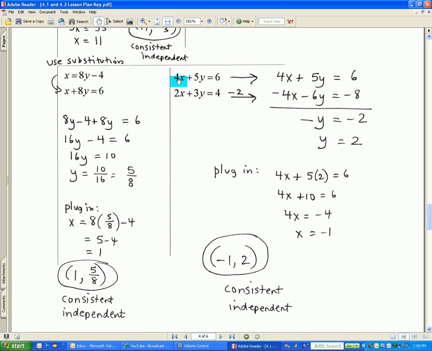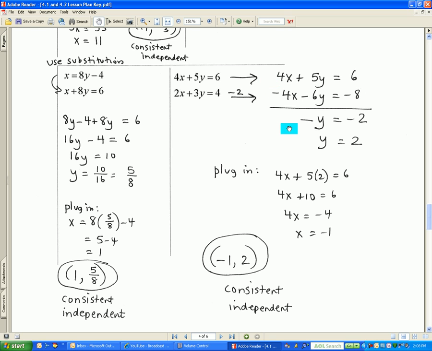But if I get rid of the x's, all I have to do is multiply the bottom equation by -2. That will make this a -4x, and the positive 4x on top will eliminate with it. So when I multiply the bottom equation by -2, it becomes -4x minus 6y equals -8. The top equation stays the same.